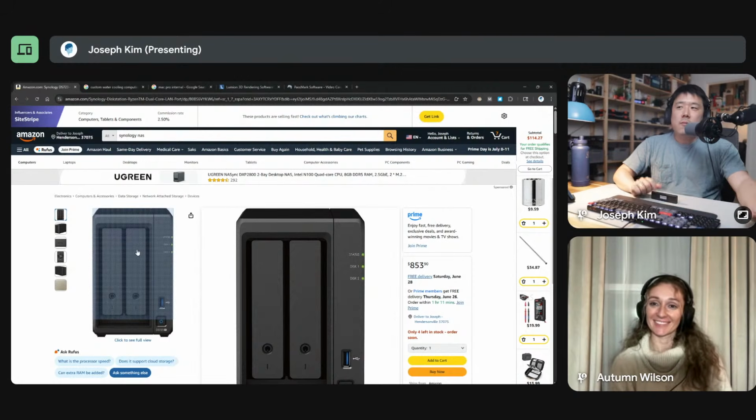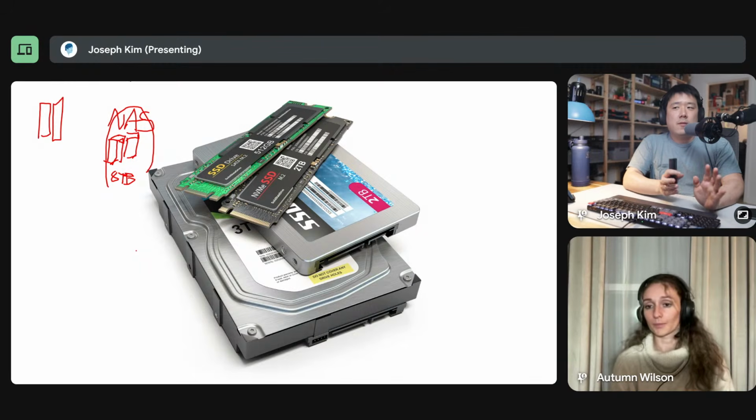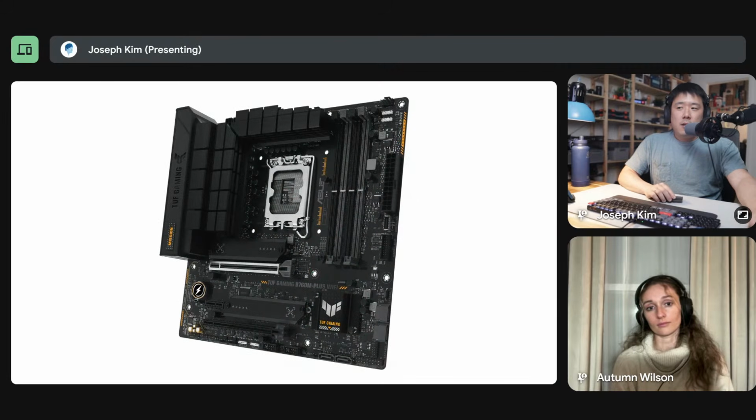But to go back to my general setup, on my computer I rely on fast storage, small or physically small but pretty large storage inside of my machine. And for long-term storage, I rely on a NAS. The storage is actually attached right there.